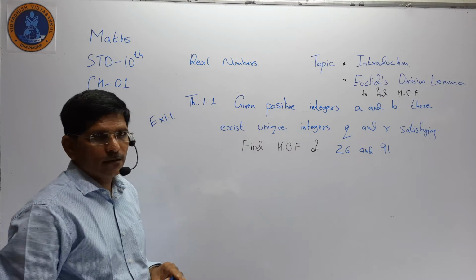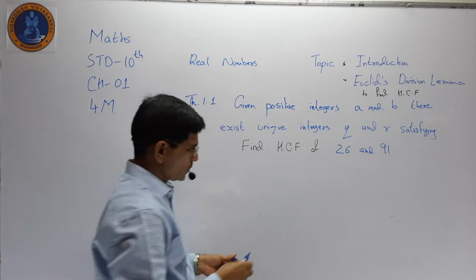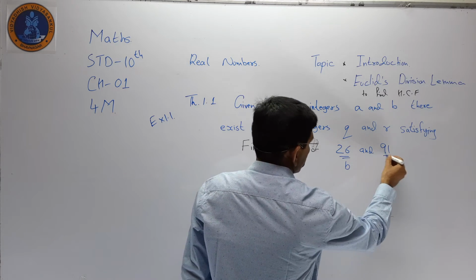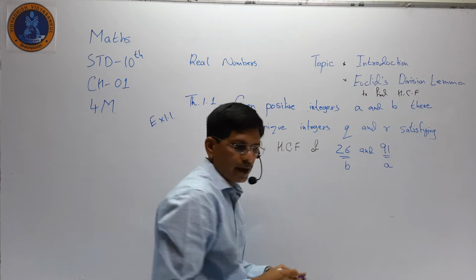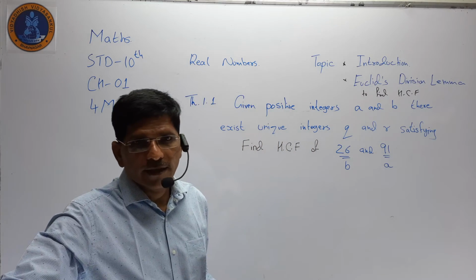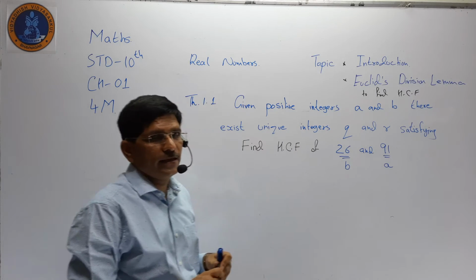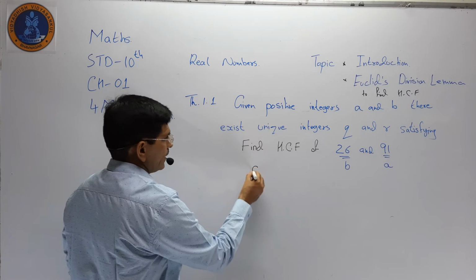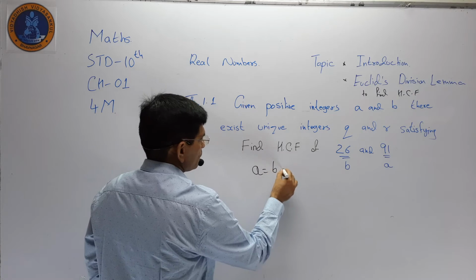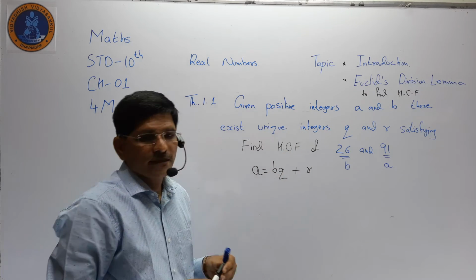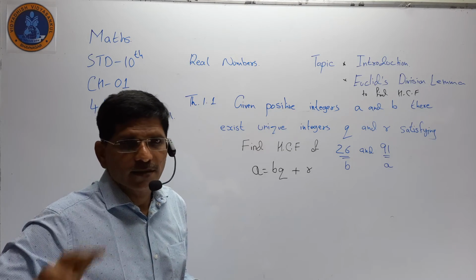Again we have to compare as A. So here if you say it is B, here we can say it is A. Why we have to write like that? Because we know that greater number we take as A. So I have to write A is equal to BQ plus R. Now what is A?